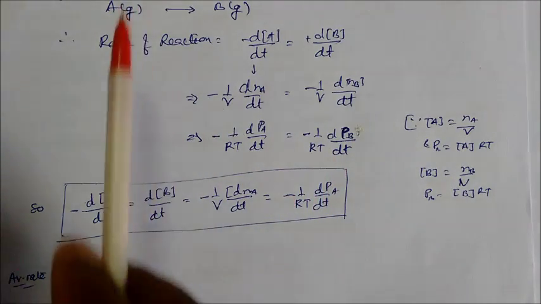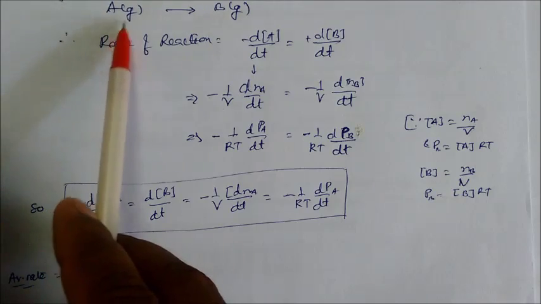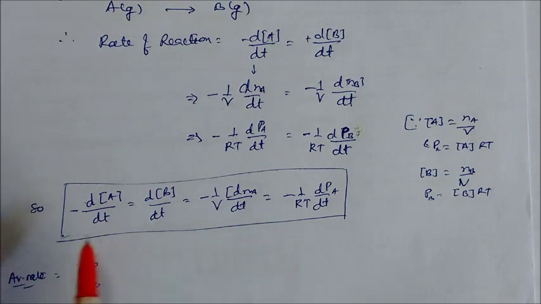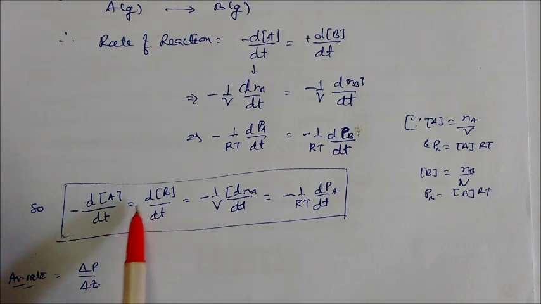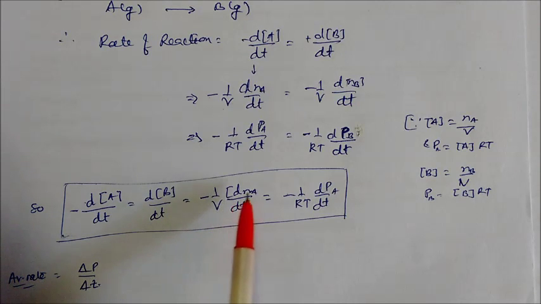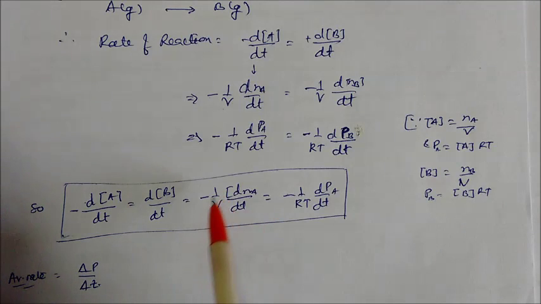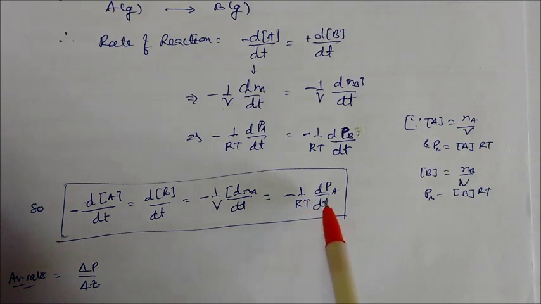Since A is the reactant and B is the product, the instantaneous rate is minus dA by dt equal to dB by dt, or in terms of moles, minus 1 by V dNA by dt, or equal to minus 1 by RT dP by dt.